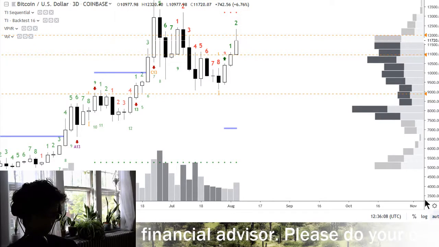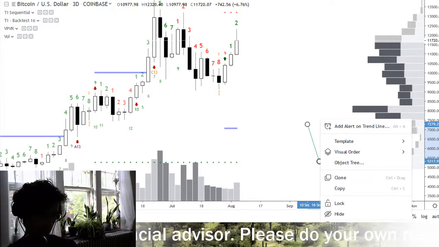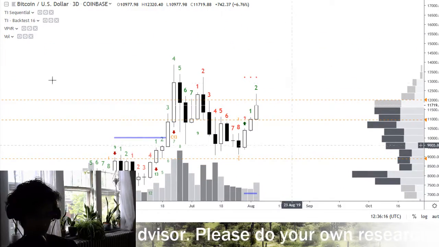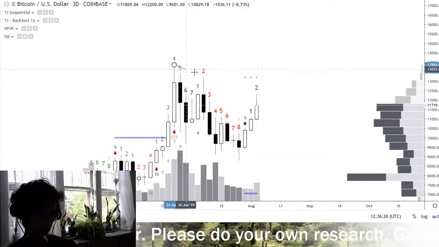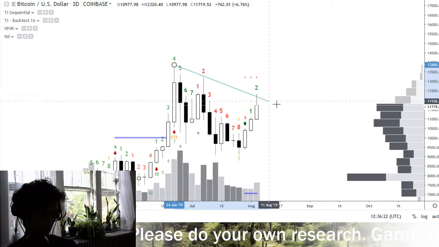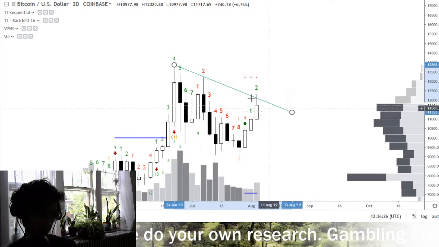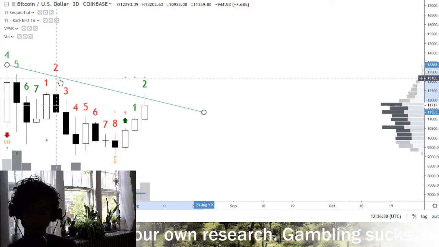But anyway, we're here. Your trend line goes right through this week's candle. Does that look good enough for you? That looks good enough for me.